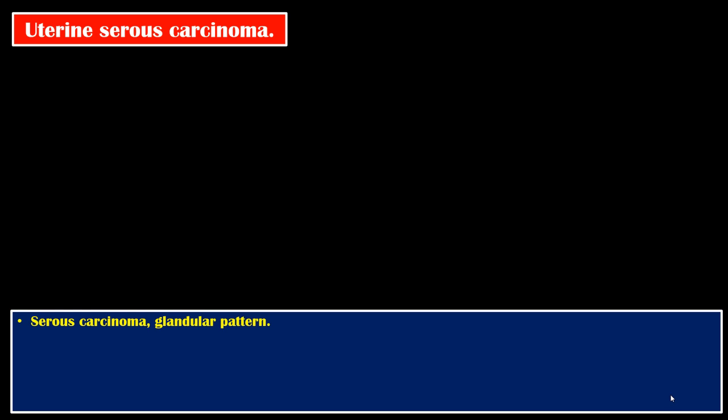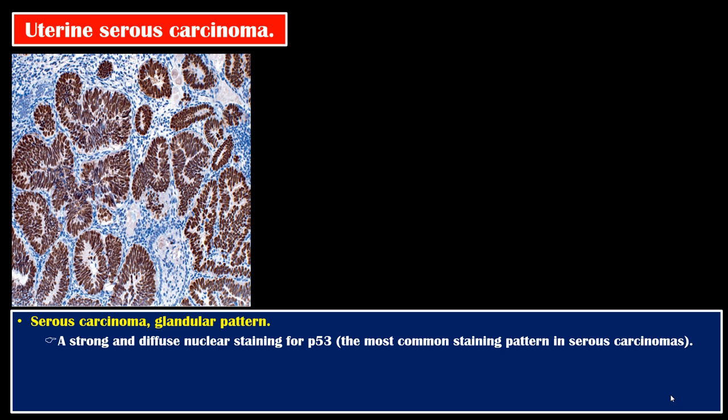Immunohistochemistry of uterine serous carcinoma. Here we can see serous carcinoma glandular pattern. It shows a strong and diffuse nuclear staining for p53. It is the most common staining pattern in serous carcinomas.